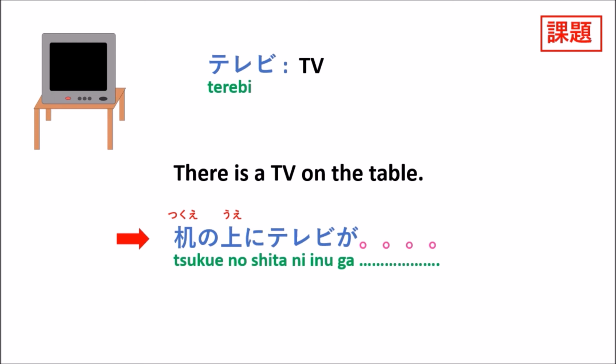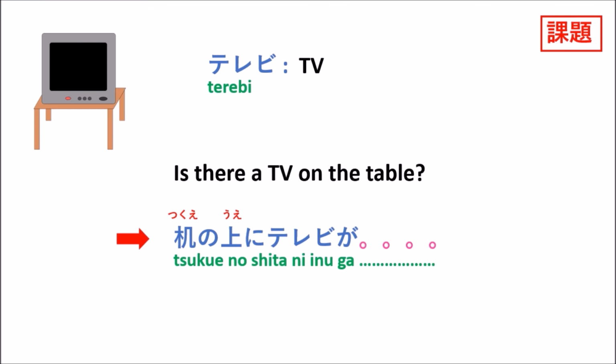Please put imasu or arimasu in the place. You can answer this question by commenting below this video clip, and we have the answer below this video clip. So before you look at the answer, please comment your answer first. That is the first question.